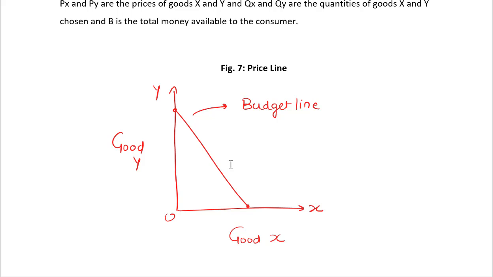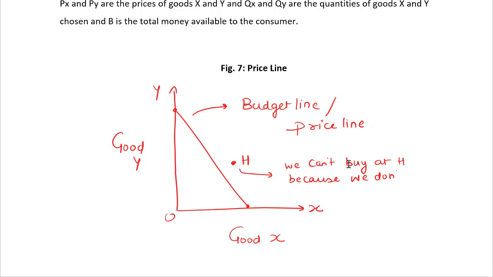You only have this much money. You can't spend more than this. So supposing you want to spend over here, it is not possible. We don't have the budget to do that. We can't buy at H because we don't have that much money, that much finance or that much budget.